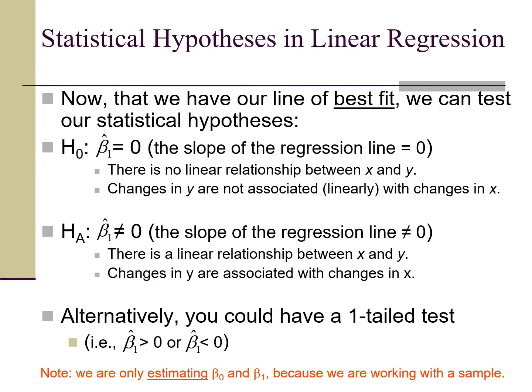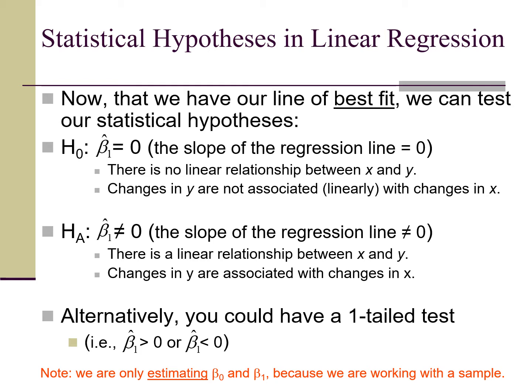Okay, so now we can state a number of hypotheses. The first hypothesis, H0, is that the slope of the regression line is 0. And that would mean there's no linear relationship between x and y. We didn't see any change in y that's associated with changes in x.